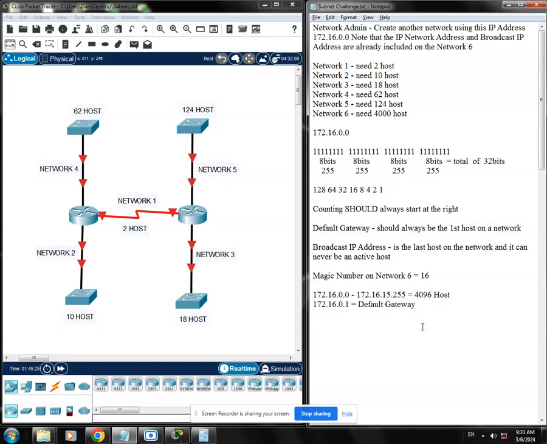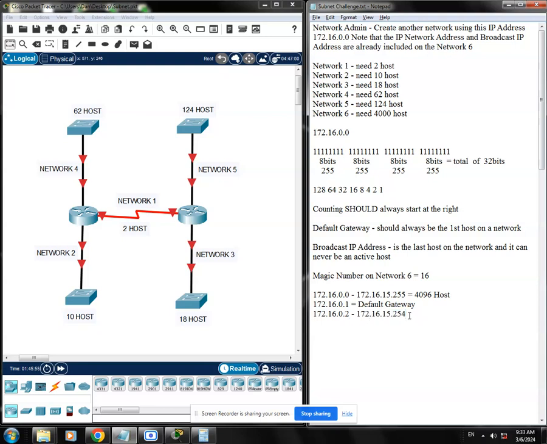Let's identify what are the available hosts that we can use. I'm going to write that down: 172.16.0.2 up to 172.16.15.254. I did not put 255 because we know that this is the broadcast IP address. So this is the last available host that we can use.